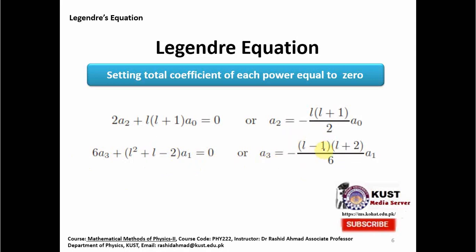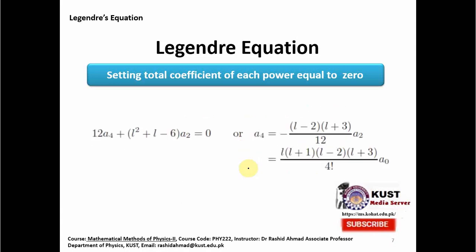So you see two factors, so that we can put it in this form. It will be later on, you will see, helpful in obtaining the solutions of the Legendre equation. So therefore we have factorized this already and put it into this form, that is L minus 1 into L plus 2 into 6.